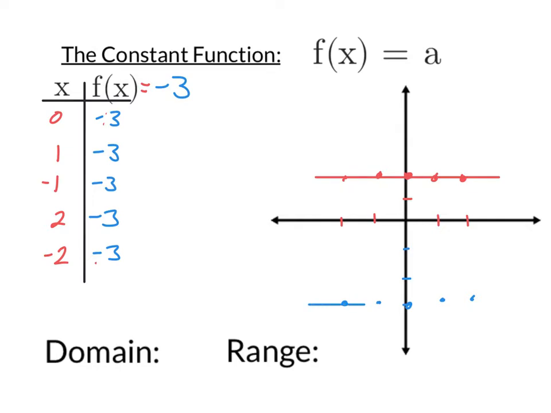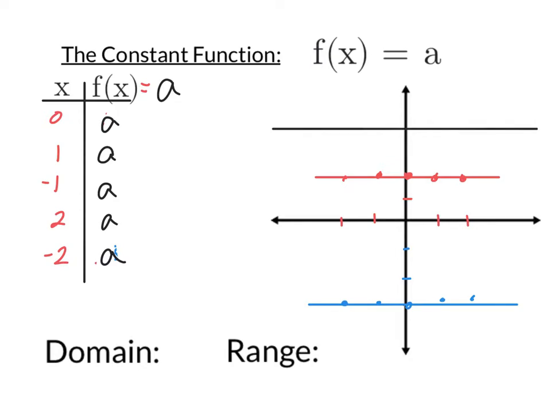So again, we'll end up with this horizontal line. In fact, no matter what the constant is, if this constant is a, the y value will always be a, whatever that value is. So we will end up with a horizontal line running through the y-axis at wherever a is.